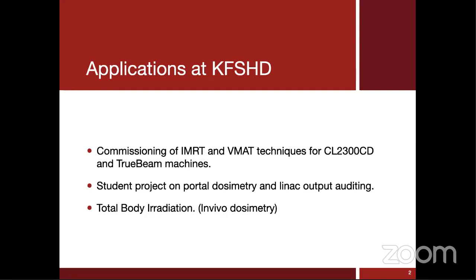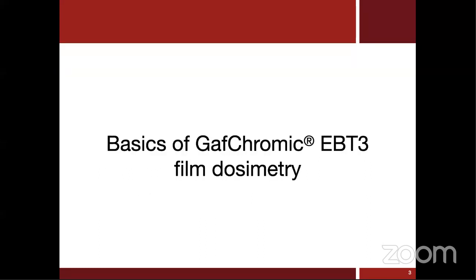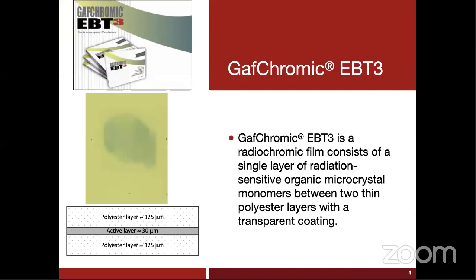And one of the other applications in our clinic that we use films for is TBI irradiation or in vivo dosimetry. So the basics of GafChromic EBT3 films: it's basically a radiochromic film consisting of a single layer of radiation-sensitive organic microcrystal monomer.